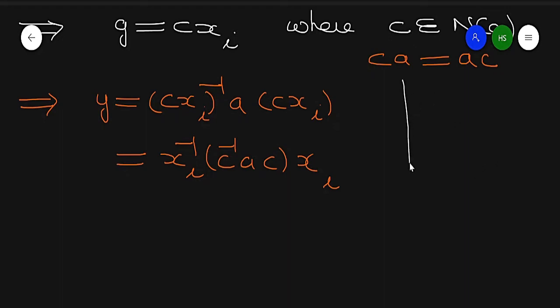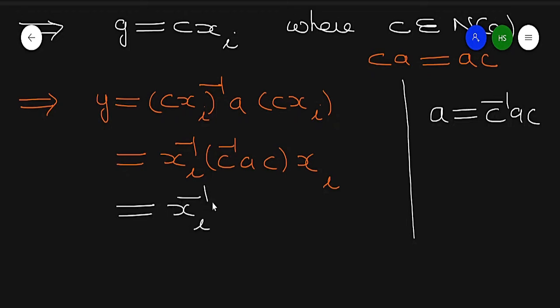From this we get A is equal to c inverse A c. So substitute this value at this place, and we get x_i inverse A x_i.